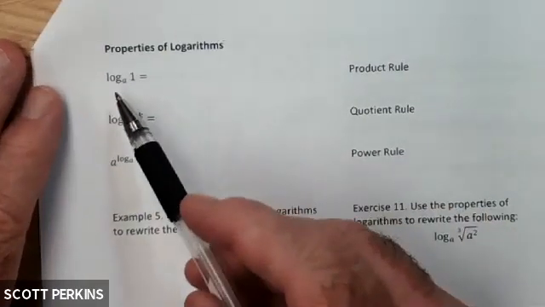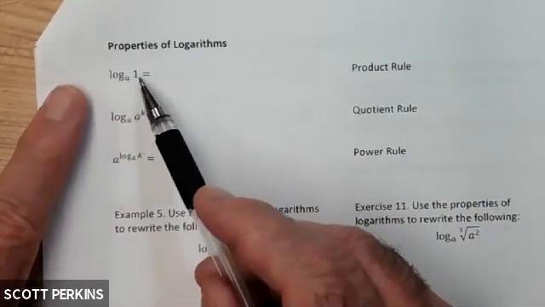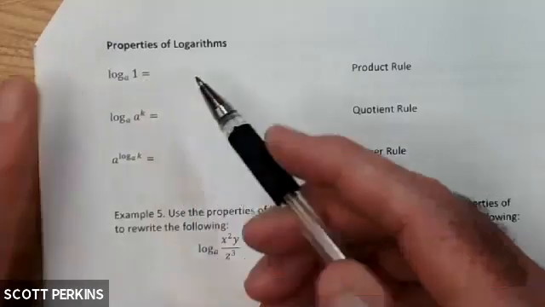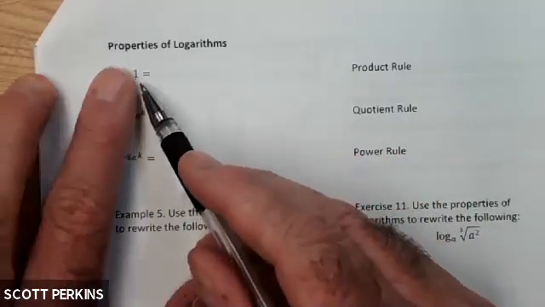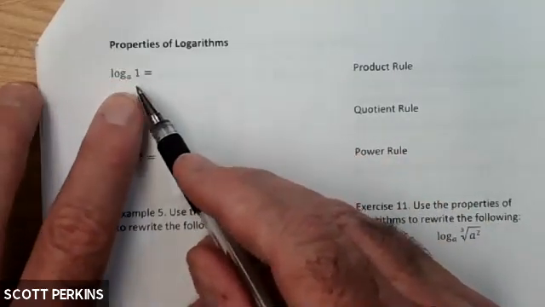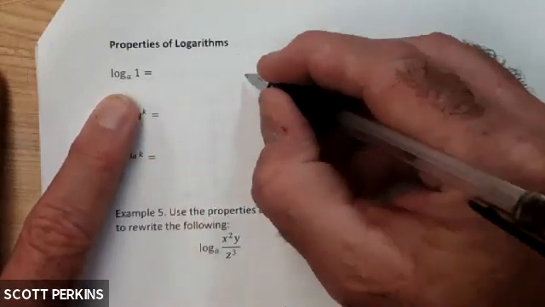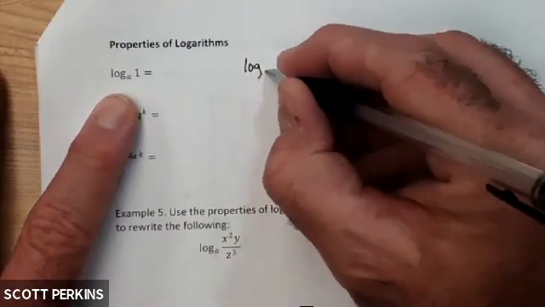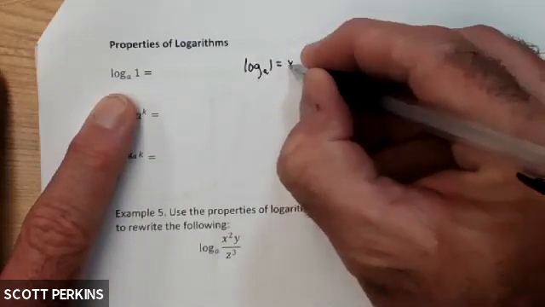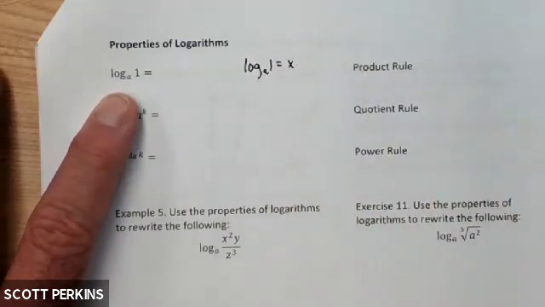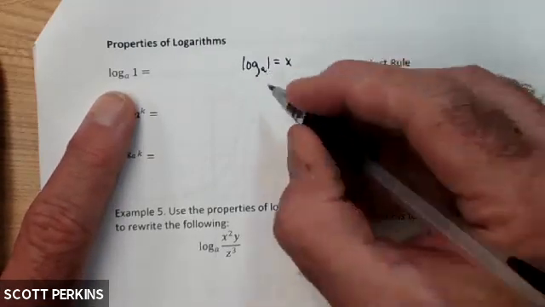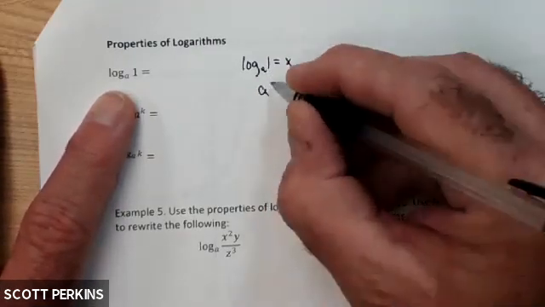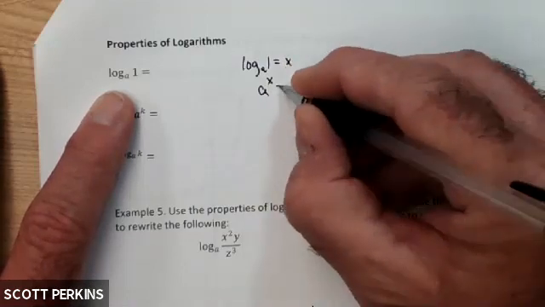So this first one says, okay, what's the log base a of 1? Well, if you're ever in doubt, if you don't remember what the log base a of 1 is, what you can do is go over to your scrap work and write log base a of 1 is equal to some number x. Now I can use the definition of the logarithm. The base of this statement is a. The power is x, equal to 1.